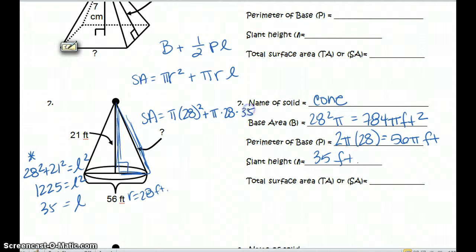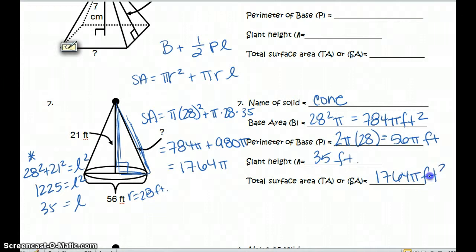And now we can plug that into our formula. So this gives us 784 pi plus 980 pi for a total surface area of 1,764 pi feet squared. Once again, please keep your answers in terms of pi.